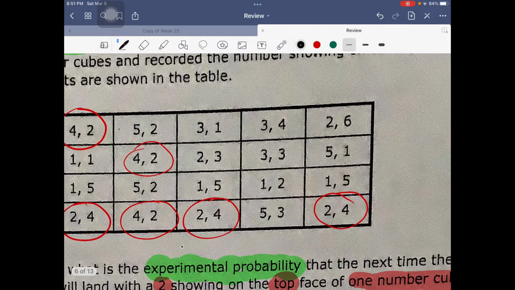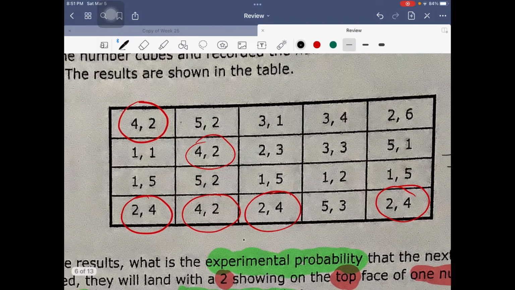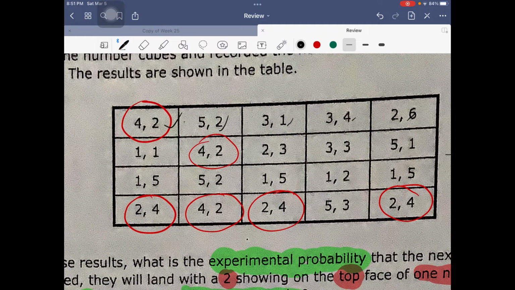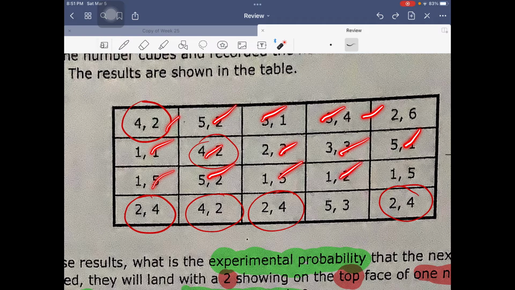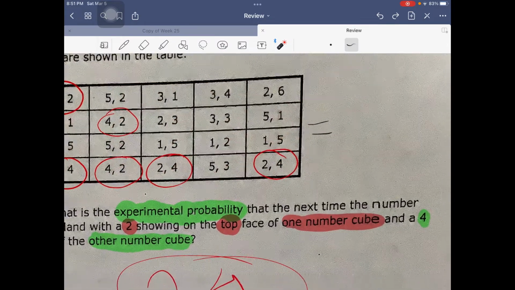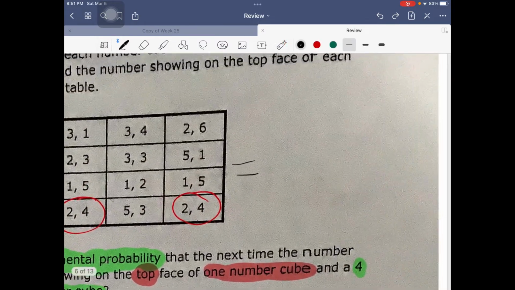How many do we have in total? 1, 2, 3, 4, 5, 6, 7. Let me do the laser that way. 6, 7, 8, 9, 10, 11, 12, 13, 14, 15, 16, 17, 18, 19, and 20. So we have 6 out of 20.